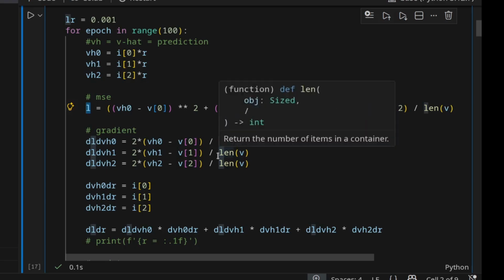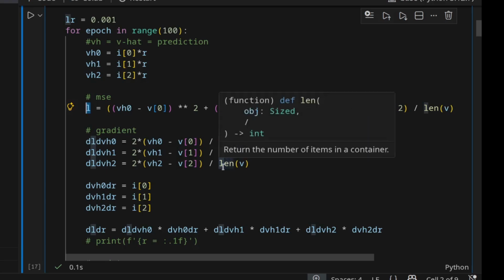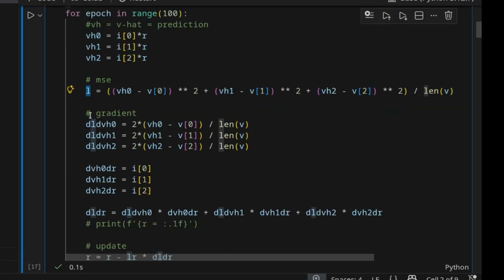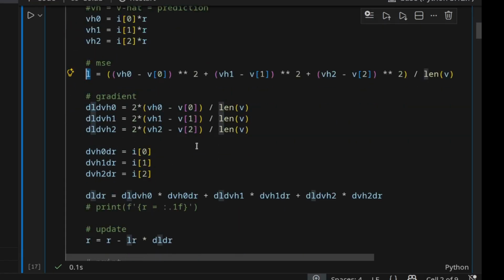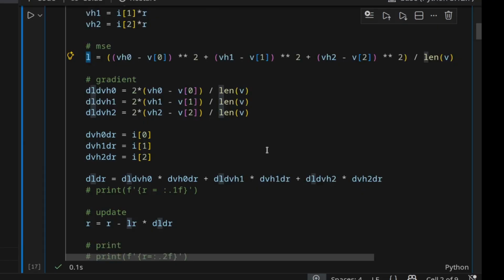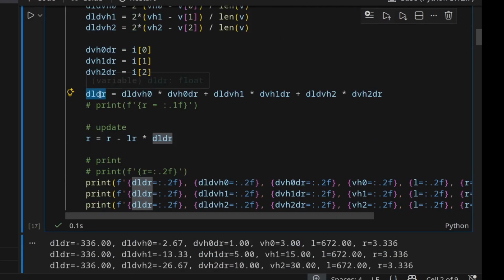And so down here, the gradient for all of this, and then you multiply the local derivatives together to get the global derivative. And since all of these feed into the same dL/dR node, you sum these together, and that gives you the global derivative for the whole thing.